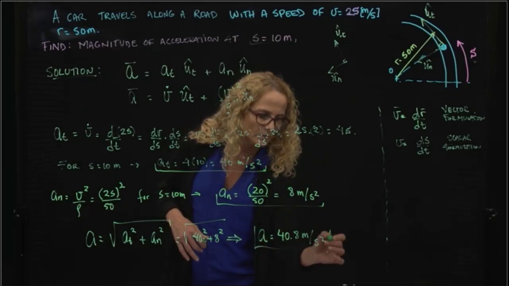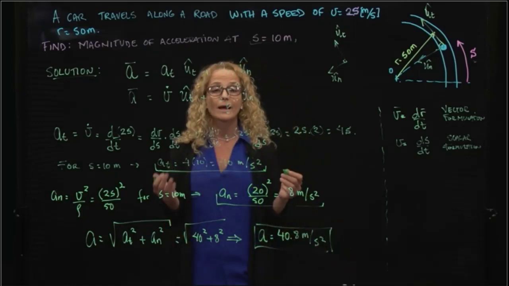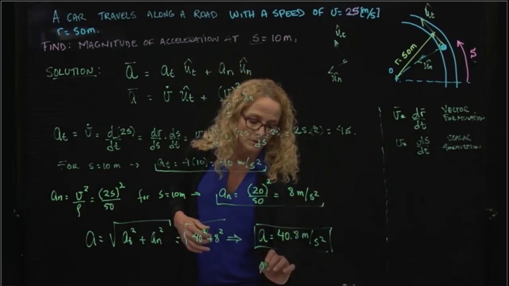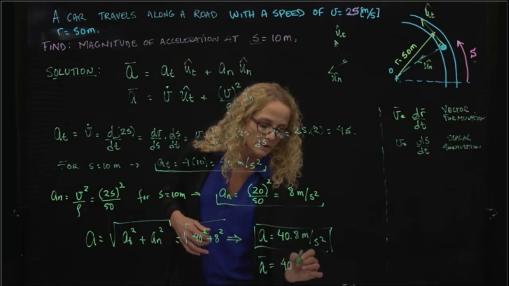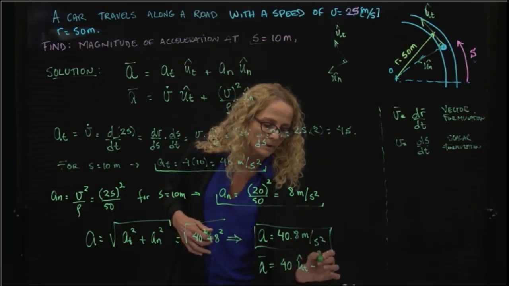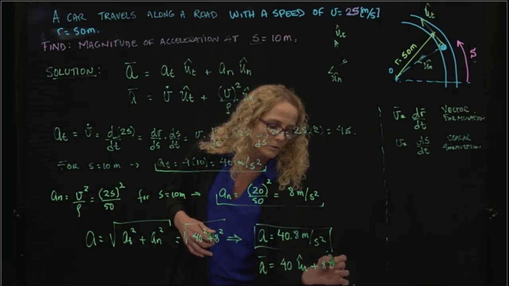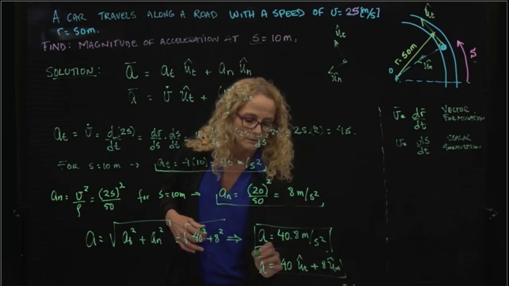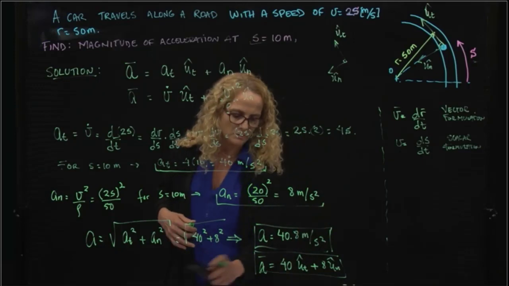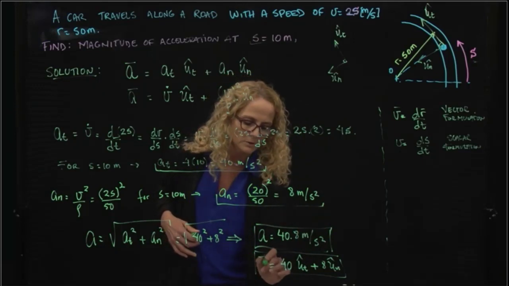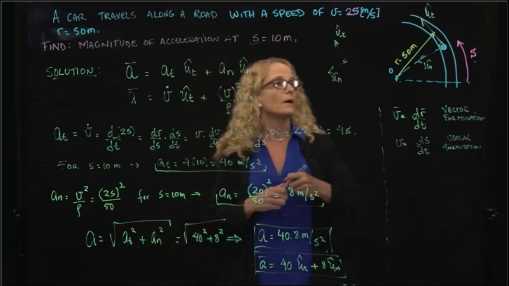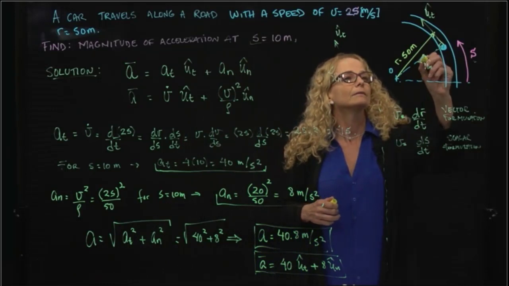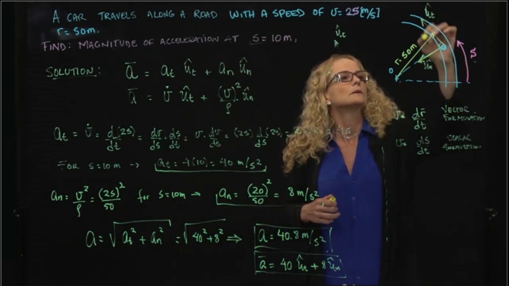This is the magnitude. If we like to write it as a vector, we can write it as 40 in the tangent plus 8 in the normal direction. We could even, if we are asked or we like to, find that acceleration in another coordinate system. I found it in this coordinate system, where this is normal and this is tangent.